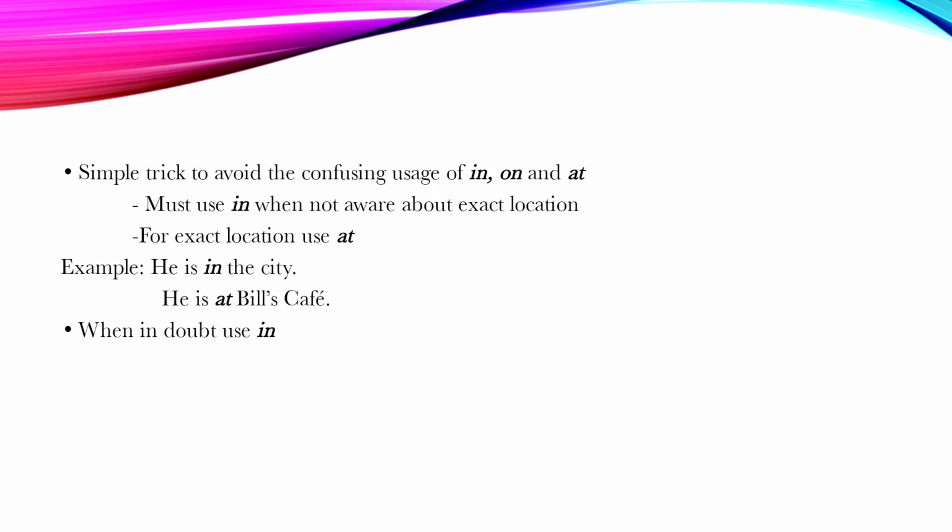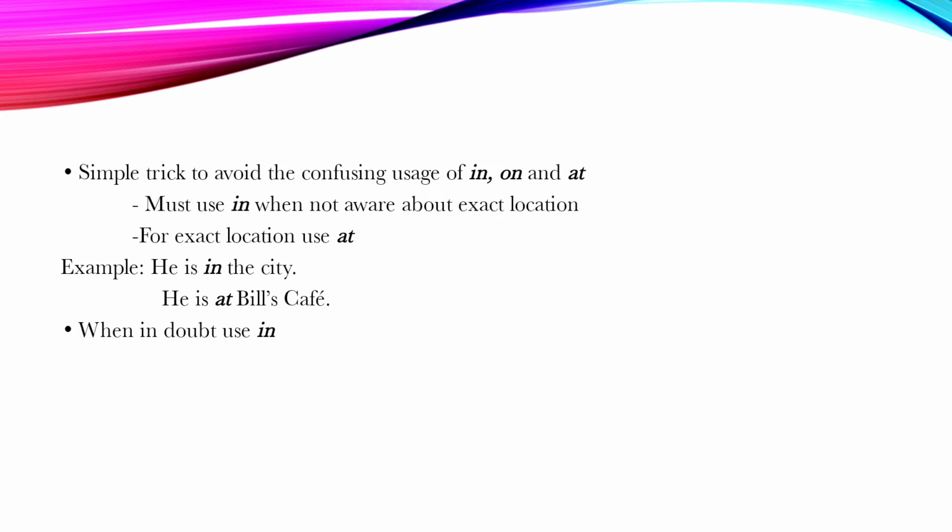See the example. He is in the city. It's clear that you know he is in the city, but you don't know where he actually is. Somewhere in the city. But see the next example. He is at Bill's cafe. It shows that you are clearly aware that the person is at Bill's cafe.